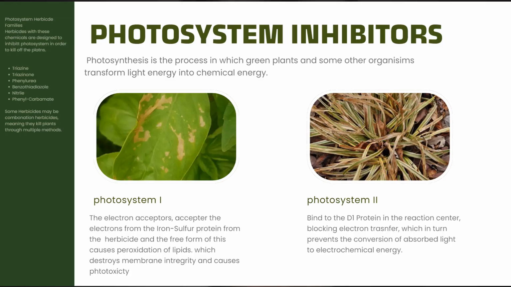Instead of doing their norm, these electron acceptors accept the iron sulfide protein from the herbicide, and the free form of this iron sulfide protein causes the peroxidization of lipids, which is the destruction of membrane integrity and causes phototoxicity. Phototoxicity is when plants, instead of making proper life-sustaining energy from the sunlight, actually become allergic to the sun.